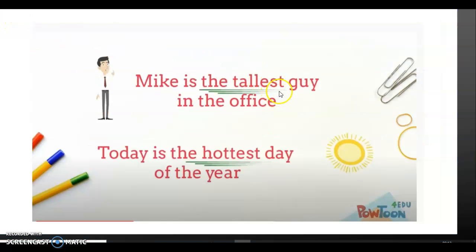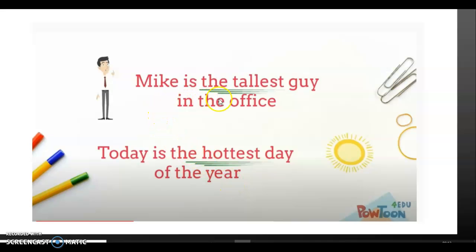After the superlative adjective, the tallest, the hottest, we can use two different prepositions. We use in if there is a place. We use of if there is a group or a period of time, just like here.